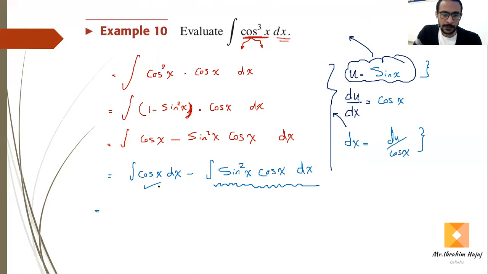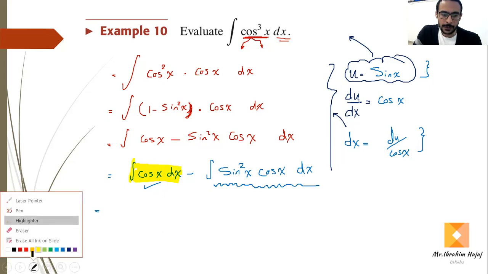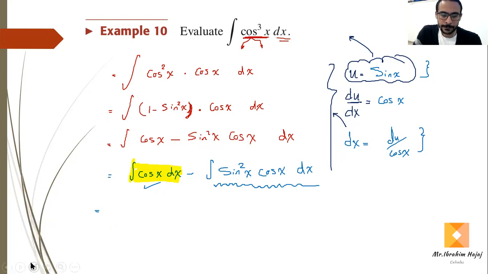The first term is very easy to integrate, it's a direct rule. The integral of cosine x is positive sine x. The derivative of cosine is negative sine, but the integral of cosine is sine.